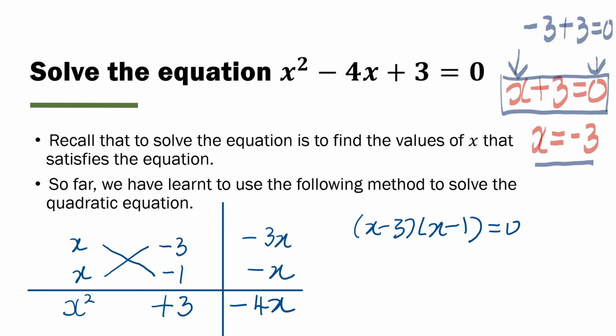So to solve it, we apply the AB product rule, where we let x minus 3 equals 0, so we get x equals 3, or we let x minus 1 equals 0, we get x equals 1. So the two solutions here are x equals 3 or x equals 1.